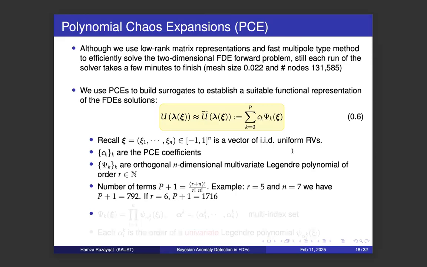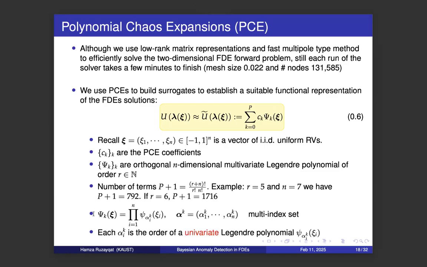So for example, if you want to consider multivariate Legendre polynomials with order 5, and in the case of inferring 7 parameters, then we will have 792 terms in this expansion. And if you consider order 6 of these polynomials, then the number of terms will be 1,716.